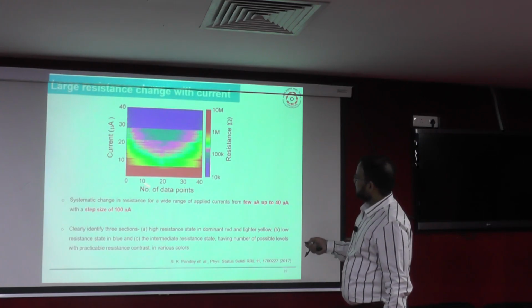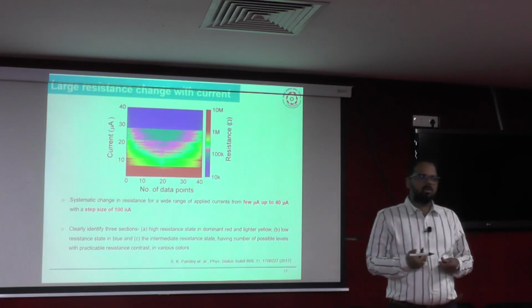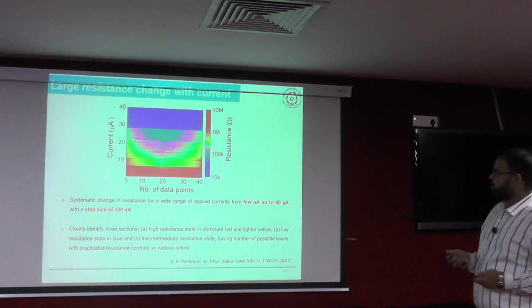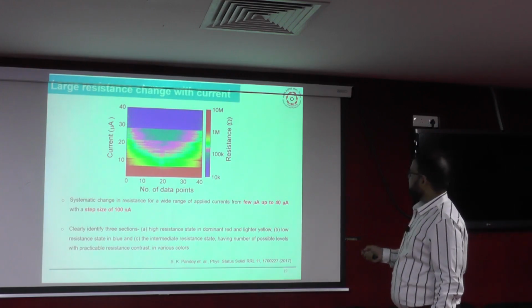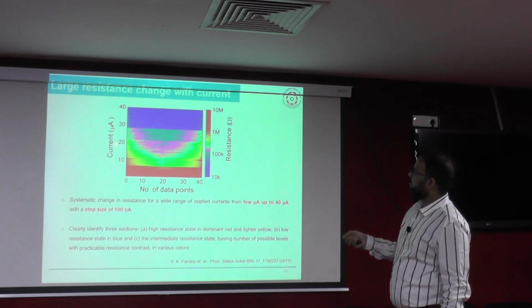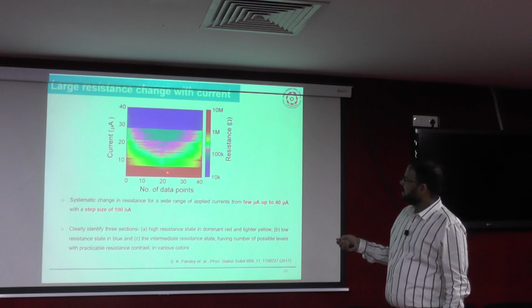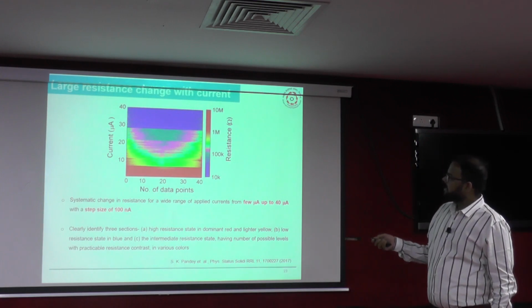And this is the colorful contour graph by which we can see the systematic programming region with respect to different current values, and how the resistance can be identified. Initially, as you can see, this is partial set operation.